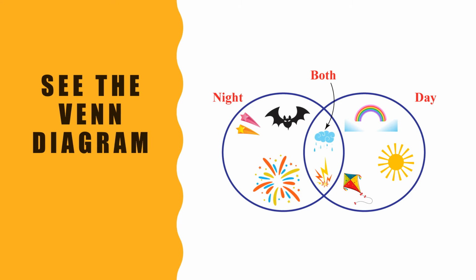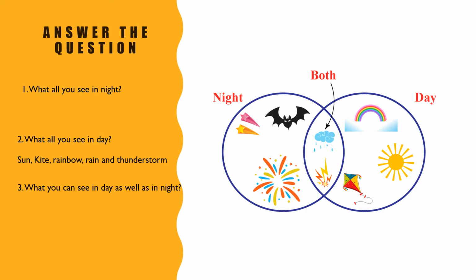In the day I see a rainbow, sun, kite, rain and thunderstorm. So rain and thunderstorm can be seen in the day as well as at night. So this is the place where the two sorting rules meet. Okay, let's discuss it further.